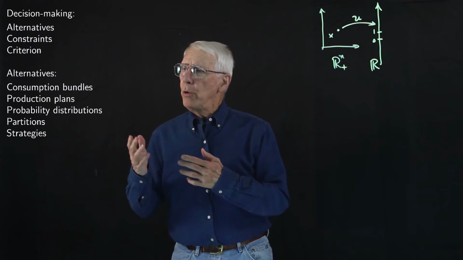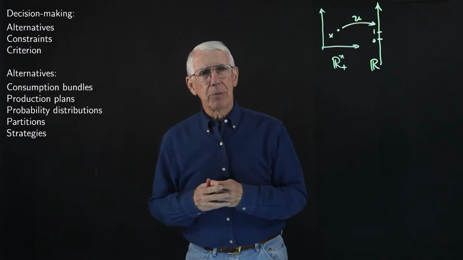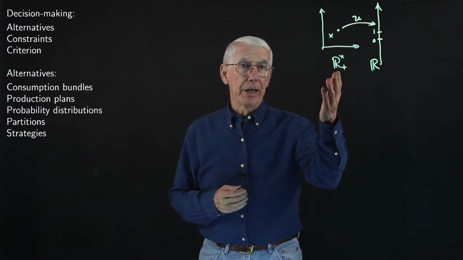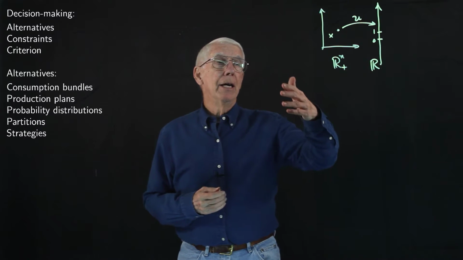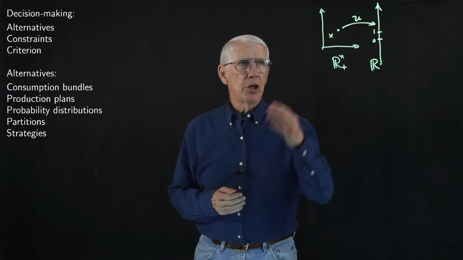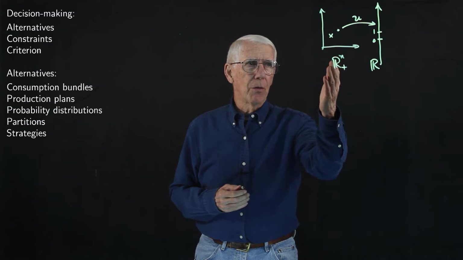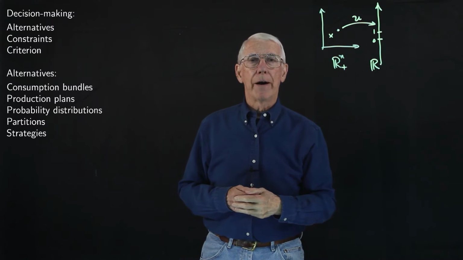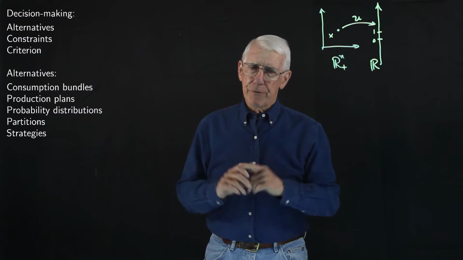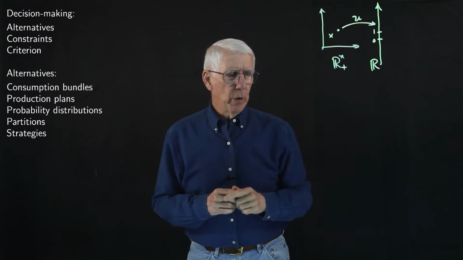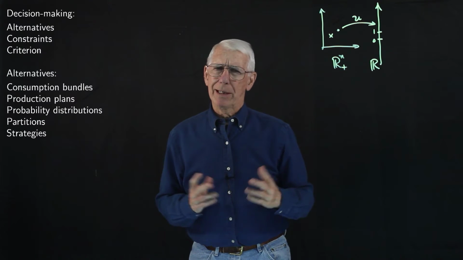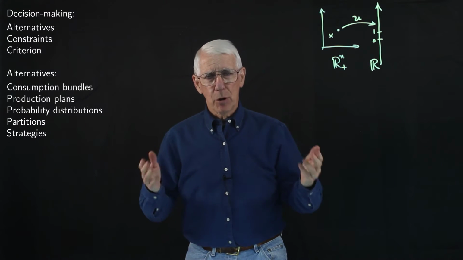And again, we model the alternative production plans typically as points in Rn, not necessarily in Rn plus, but as points in Rn, or as n-tuples of real numbers. So the picture looks about like this, although again not necessarily Rn plus. And we model the firm as evaluating those production plans according to, typically at least, a profit function.